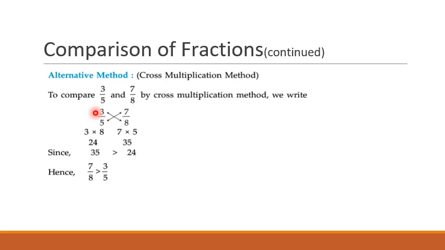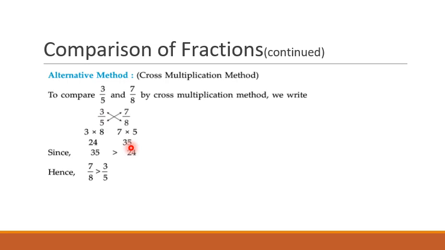That means the numerator of the first fraction is multiplied by the denominator of the second fraction, and the numerator of the second fraction is multiplied by the denominator of the first fraction. So 3 is multiplied by 8 and 7 is multiplied by 5. 3 8s are 24 and 7 5s give me 35.